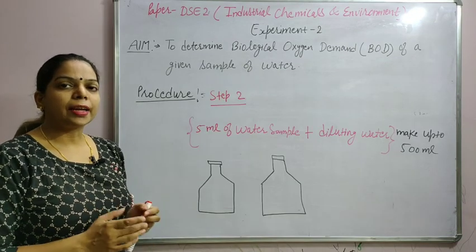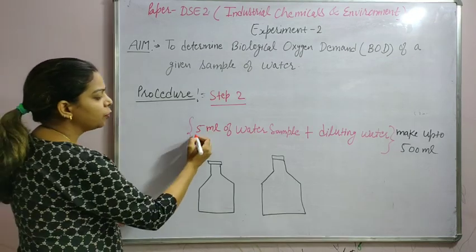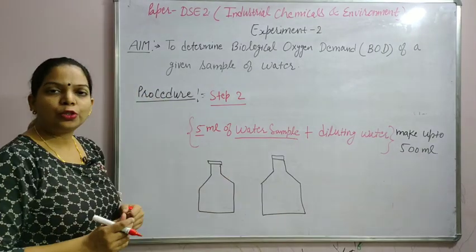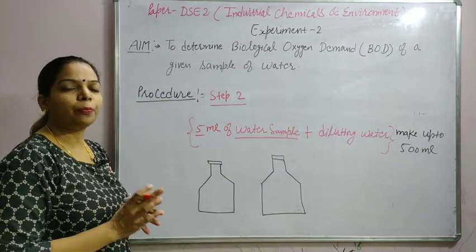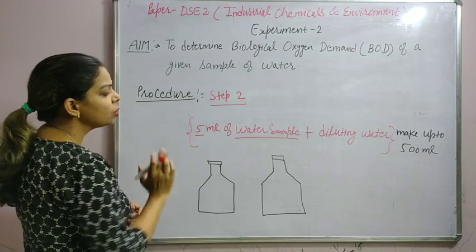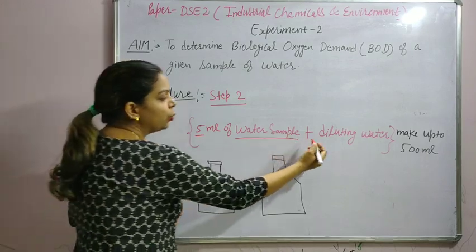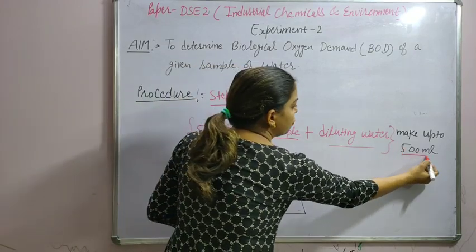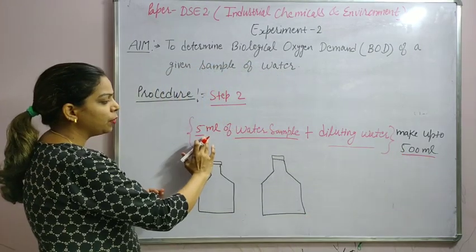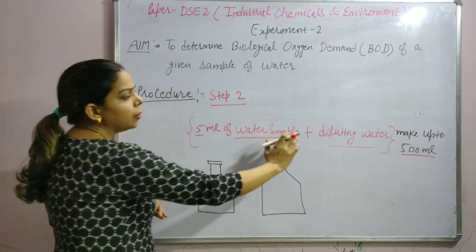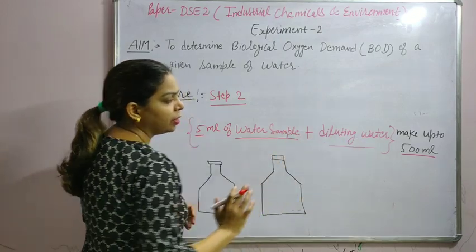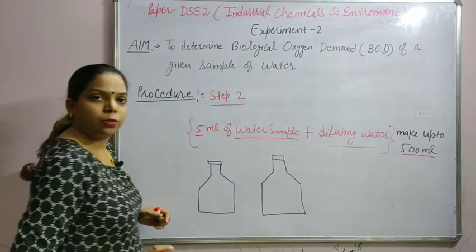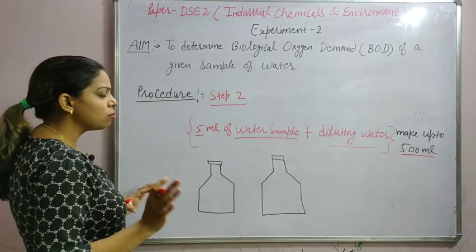So in the second step, you have to take 5 ml of the water sample for which you want to find out the value of BOD. Dilute it using diluting water till the total volume is 500 ml. So 5 ml of the water sample plus 495 ml of the diluting water which has a sufficient amount of oxygen.